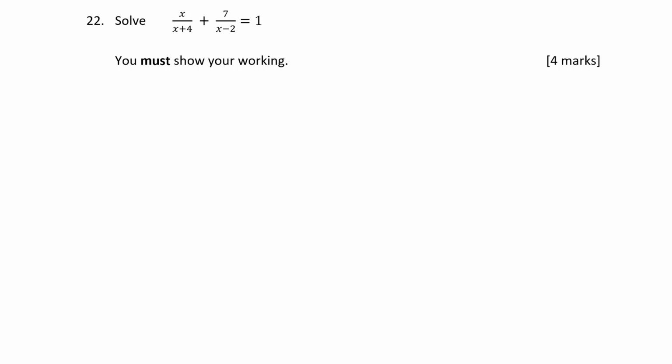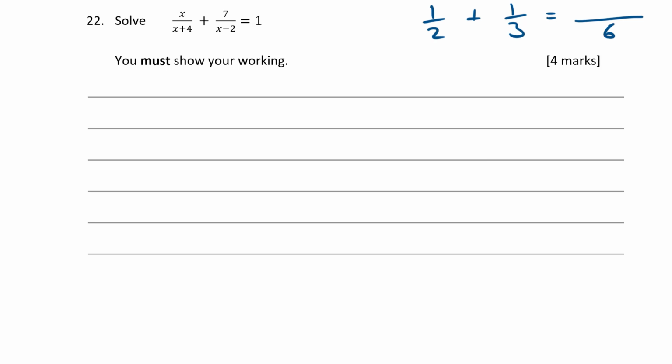If I ask you to add a half plus, I don't know, a third, what you would need to do is find a common denominator, wouldn't you? So you would put that all over one fraction. Now the common denominator of 2 and 3 is 6, which is basically 2 times 3, isn't it? Okay, and we're going to do something similar here.